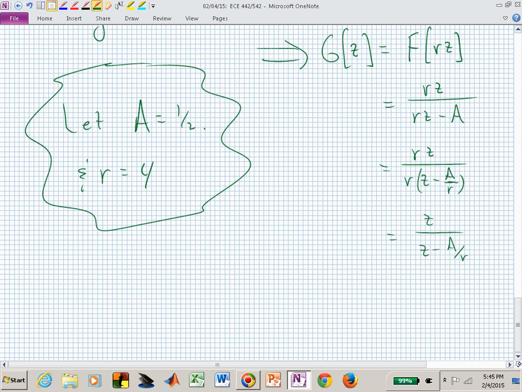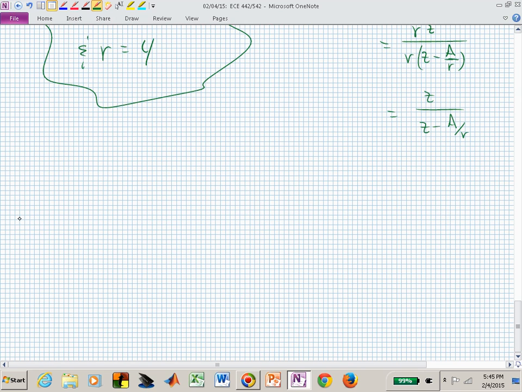One more property. Let's look at something that can save you time and maybe stress in terms of being able to find a final value without having to find the complete solution. Maybe you know the z transform of an expression.